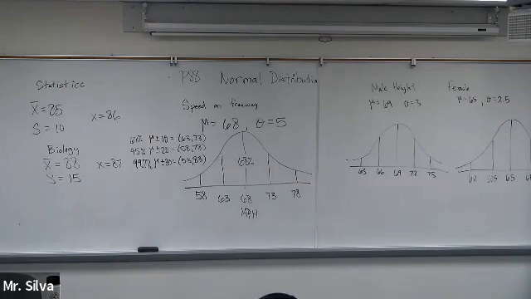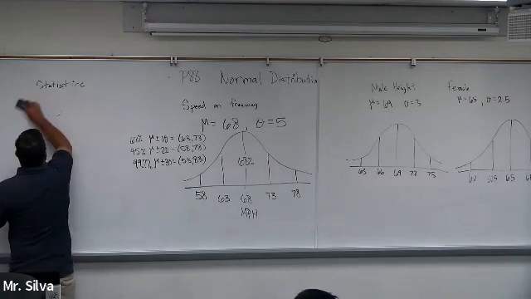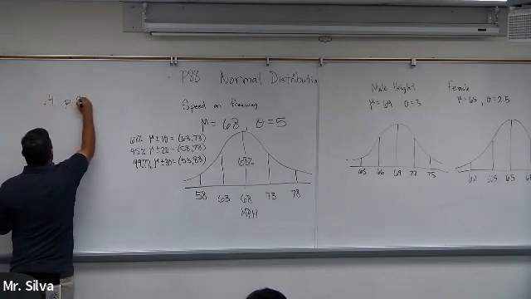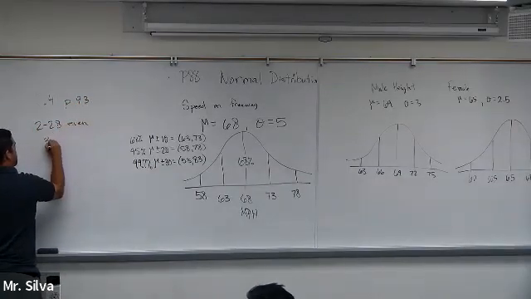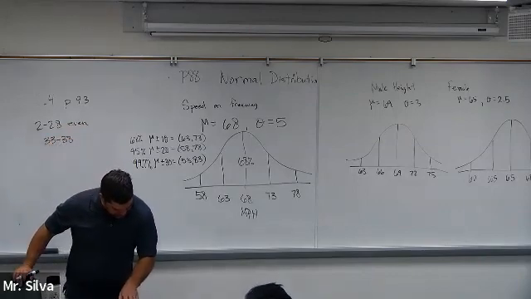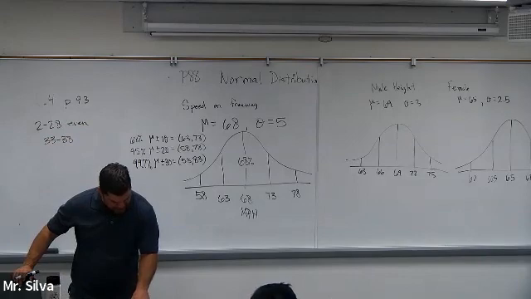Page 93, 2 through 28, even. And then I assigned 33 through 38 because they all talk about the empirical rule. Actually, I'm going to change that. Let's just do 33 and 34.